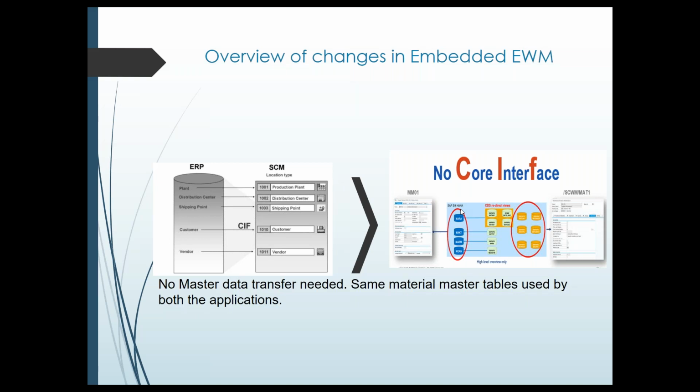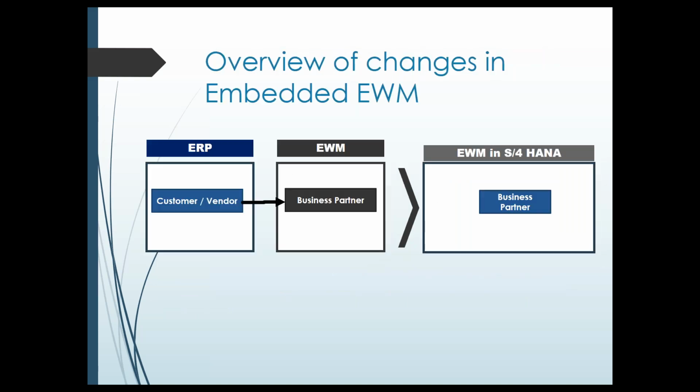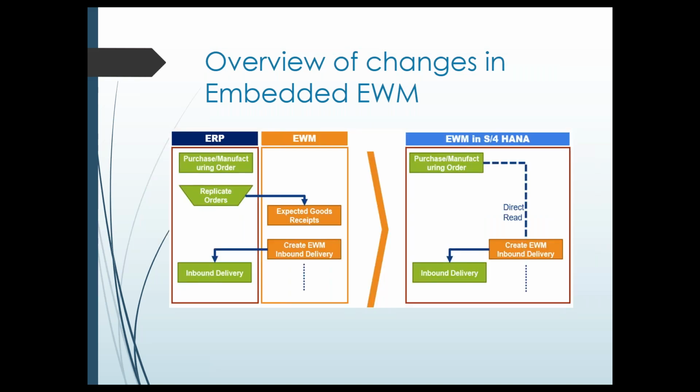Apart from that, this is a new naming convention that we use in S4. A customer or a vendor, which we used in the decentralized one, we now call a business partner, and we use the same business partners in S4 too. But as I said, there are some changes in your processes.